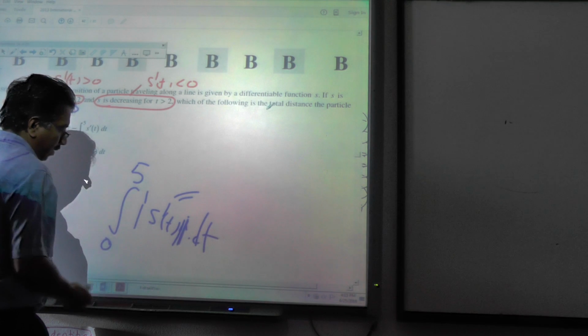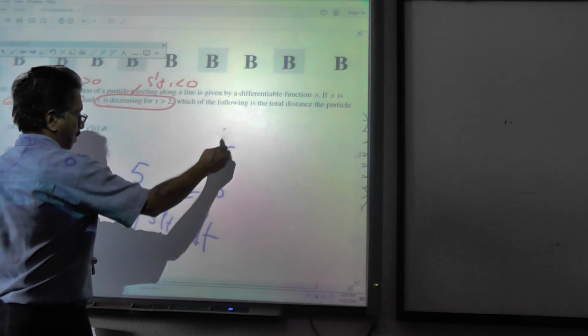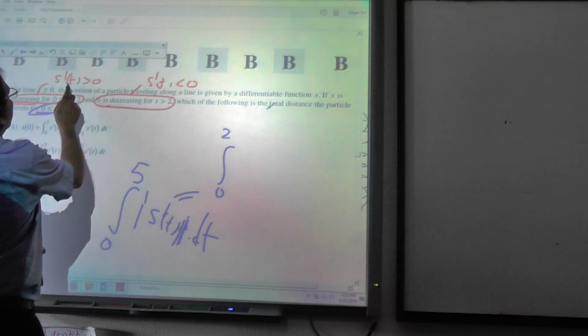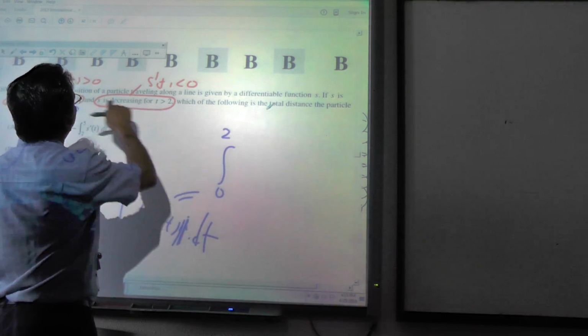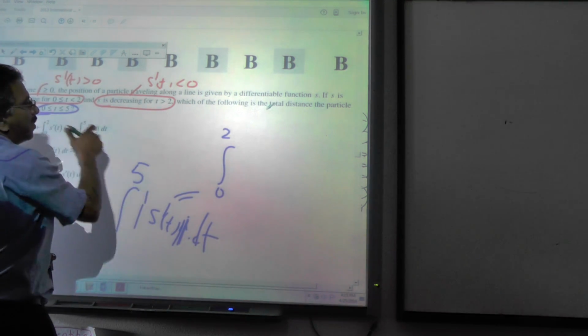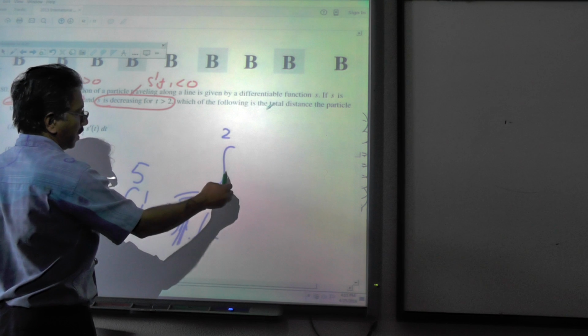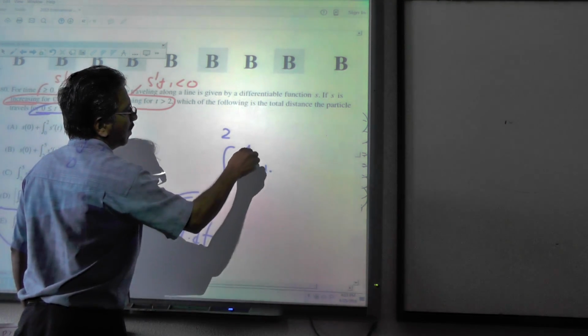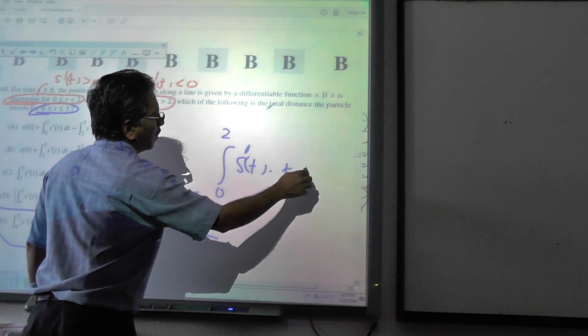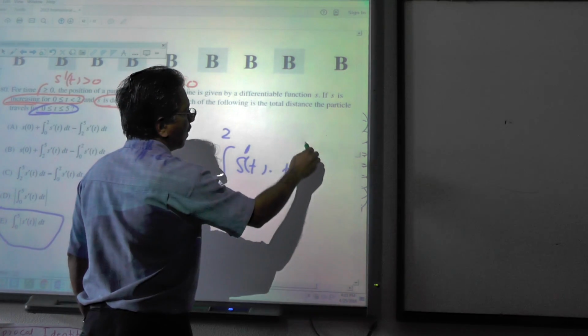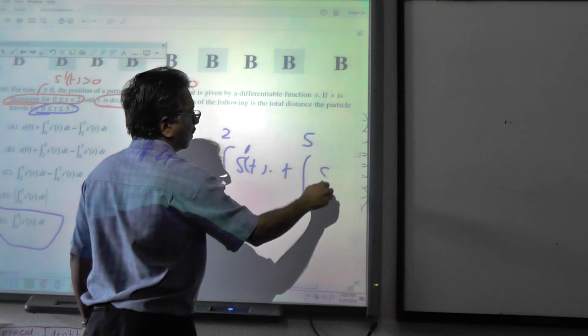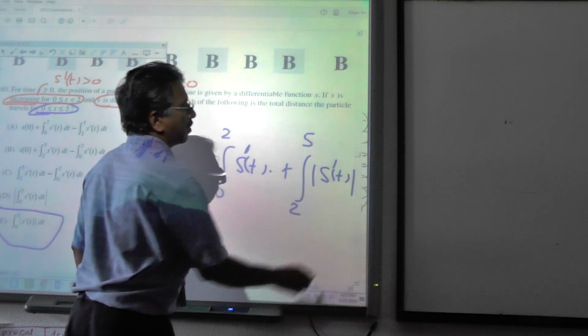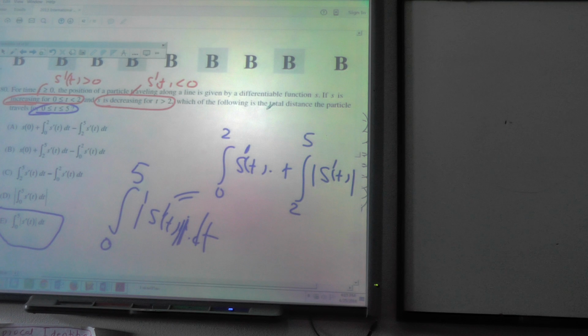You could write it as 0 to 2, because until 2 it is increasing, so positive, so you can just write s dash of t without the absolute value, and then plus 2 to 5 with absolute value. So that also is right.